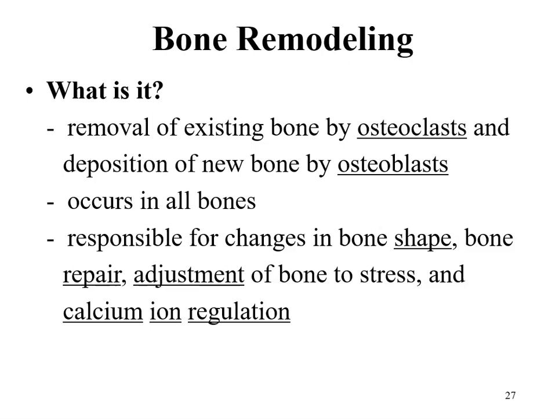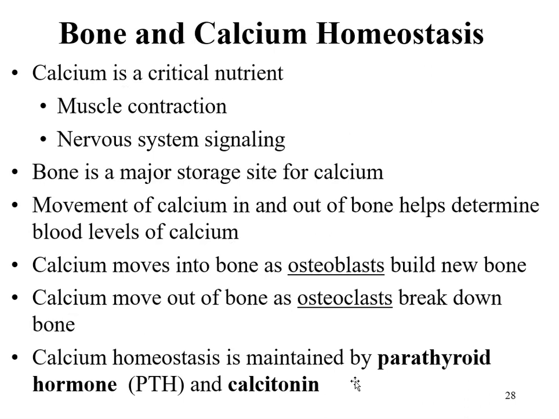Bones also change on a day-to-day basis for calcium ion regulation. Calcium homeostasis is essential to functioning of the body. So, calcium ion levels in the blood are one of the variables our body continuously keeps tabs on.